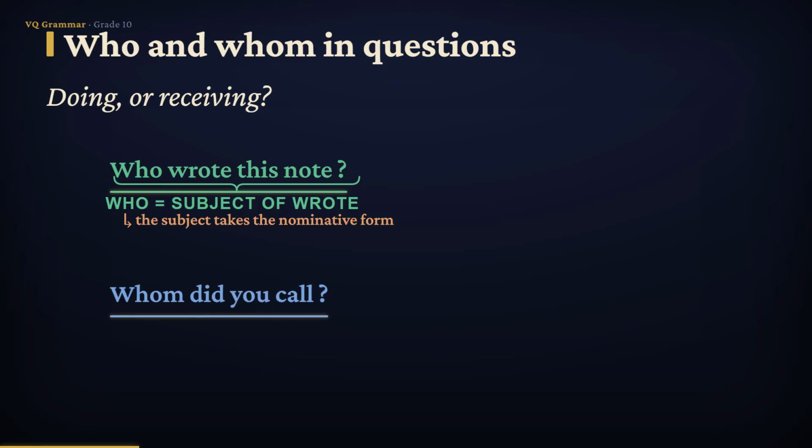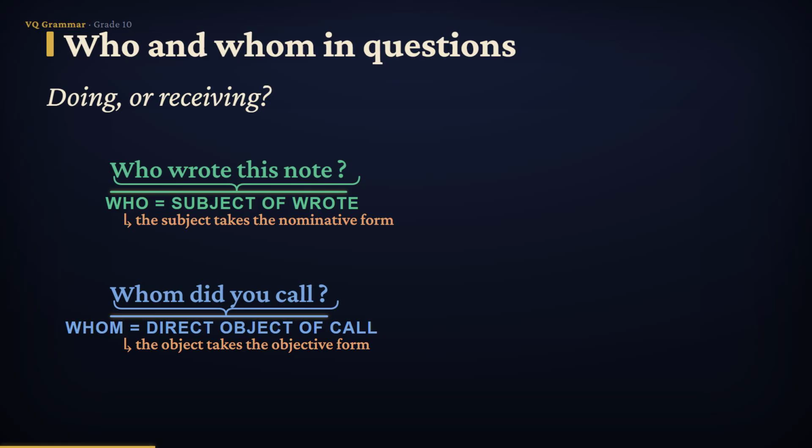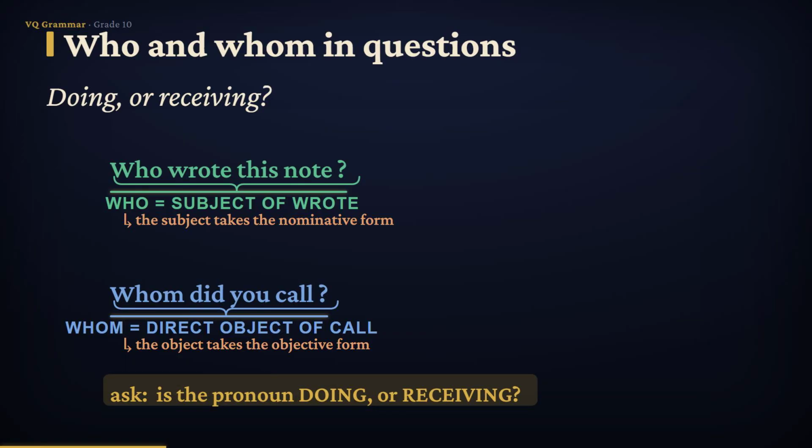Whom did you call? This time you is the subject. You did the calling. The pronoun is the one being called, so it is the direct object of call. An object takes the objective form, and whom is objective. That's the pattern behind every question. Ask whether the pronoun is doing the action or receiving it.